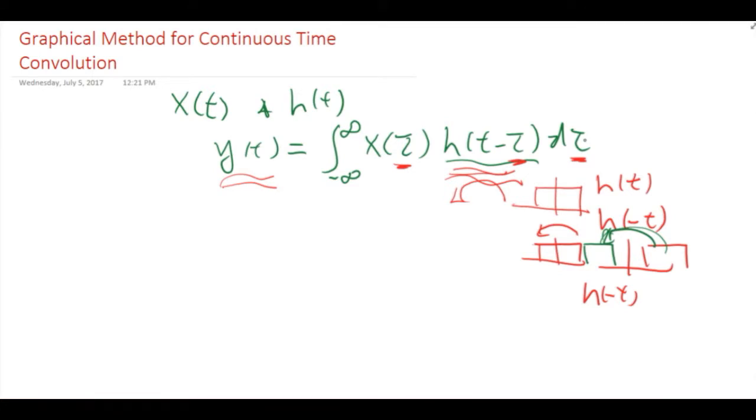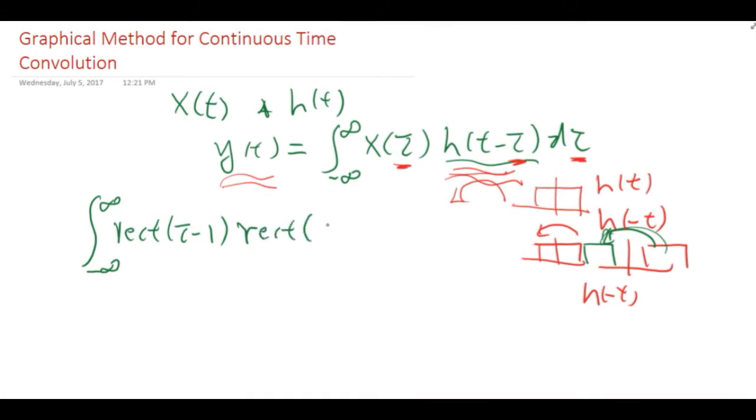Now maybe we can use another waveform to show you. Suppose we are going to integrate from minus infinity to positive infinity, rect of tau minus 1. This is a rectangular function; I will explain what a rectangular function is later on.